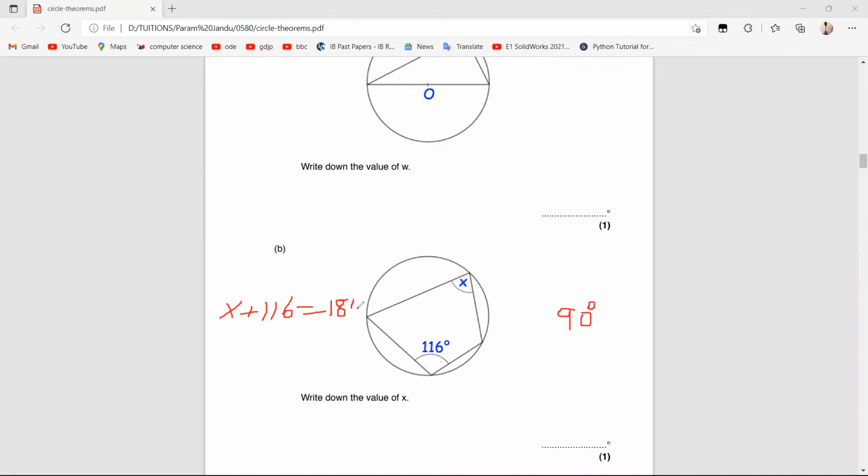Opposite angles add up to 180 for a cyclic quadrilateral. So if I take my 116 to that side, I remain with x. So we'll have 180. 116 has crossed the equal sign, it becomes negative. So 180 subtract 116, we get 64 degrees. So guys, you can see it's very easy to handle these questions once you understand circle theorems.